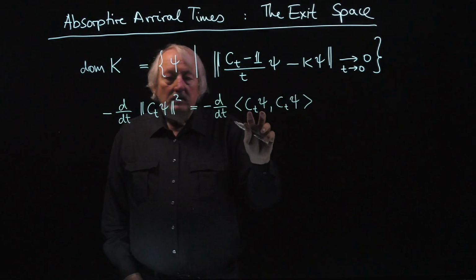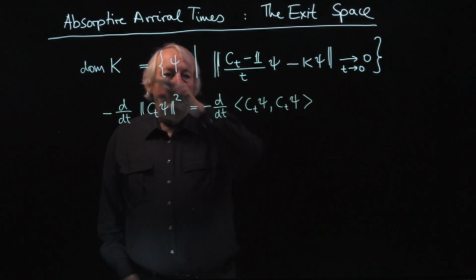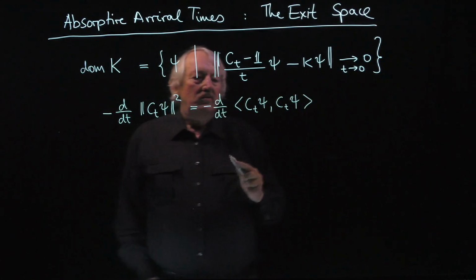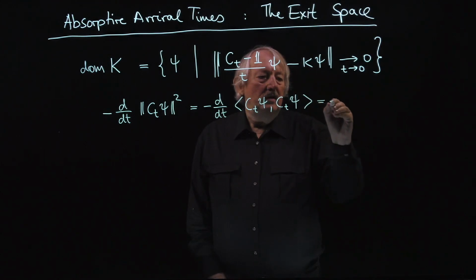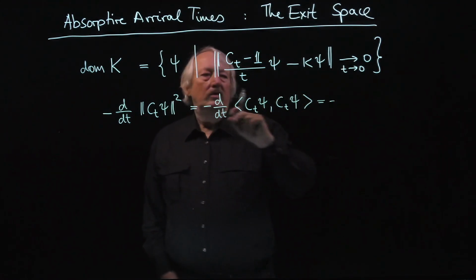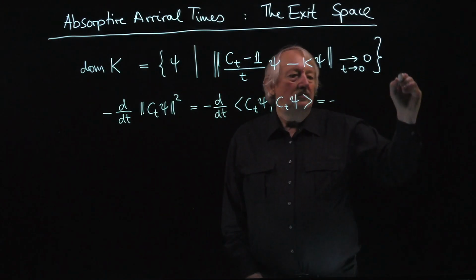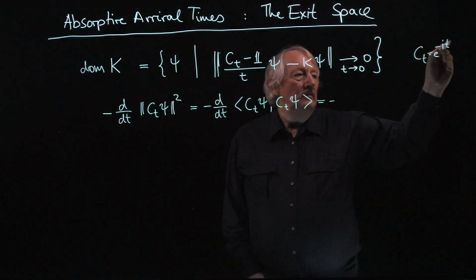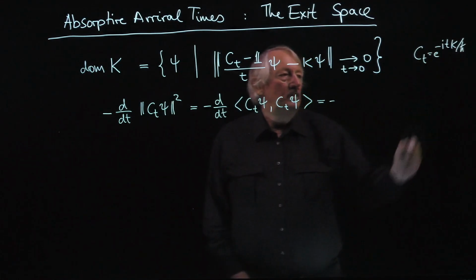Now, assuming that psi is in this domain, we can actually do the derivative factor by factor. So this is equal to minus, that's the minus sign out there. Now, if we take the derivative of ct, just as a reminder, ct is equal to minus itk over h bar, right?